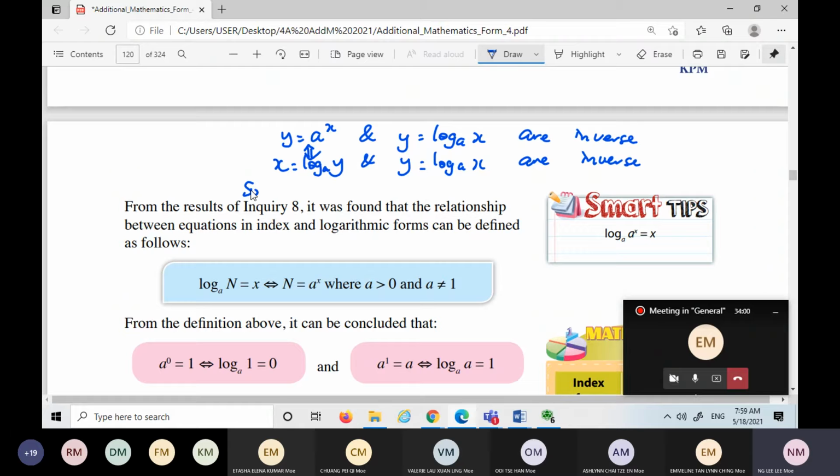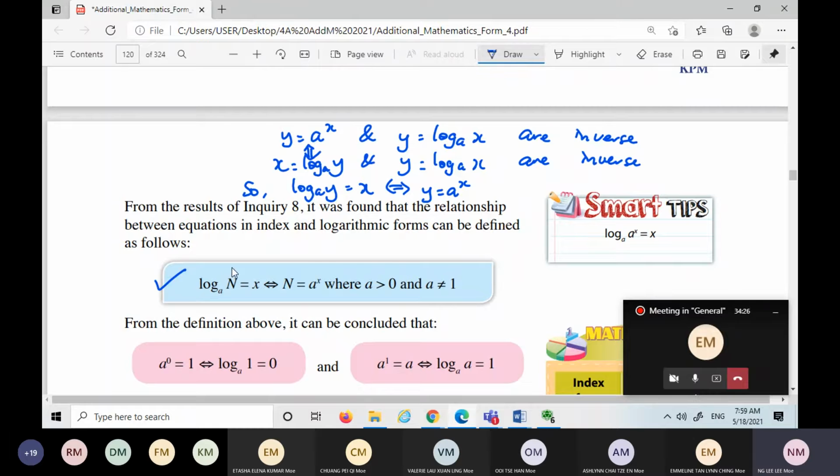Therefore, this one I just write the other way around: log_a y equals x is the same as y equals a to the power x. Okay, these two are the same. This is why I have these conclusions.